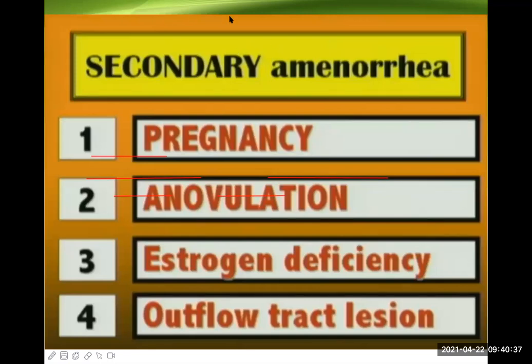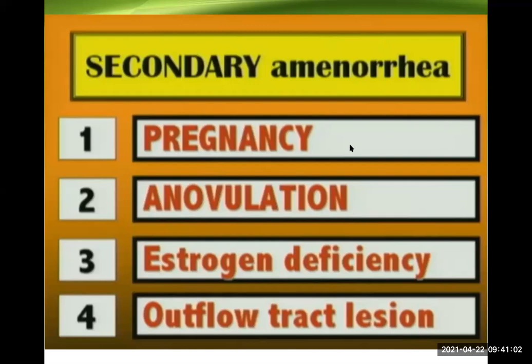Now, see here. What are the common causes of secondary amenorrhea? You have gone through so many different types of etiological points. So, what are the main ones which students should not forget? They are pregnancy and ovulation, estrogen deficiency, and outflow tract lesion.